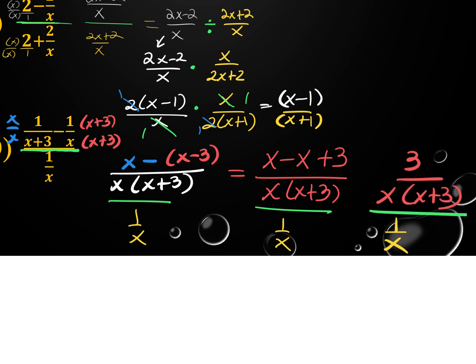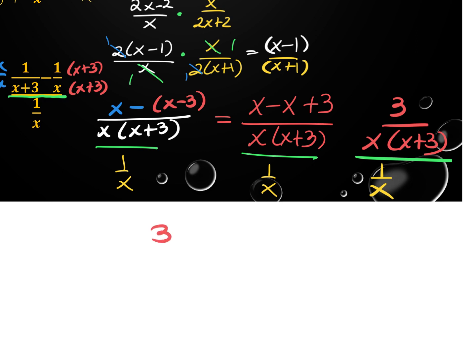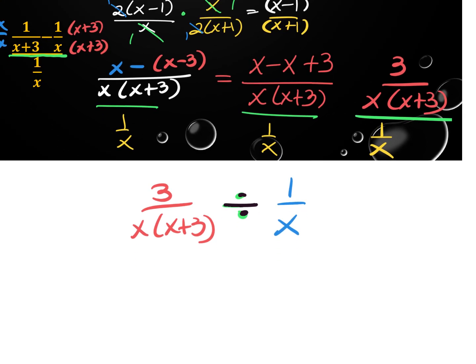Now I can finally turn this into my division problem. So I'm going to be dividing 3 over x times x plus 3 divided by, let me use a darker color here, divided by, and I'm going to do the yellow and blue so it shows up. And now I do keep, change, flip.